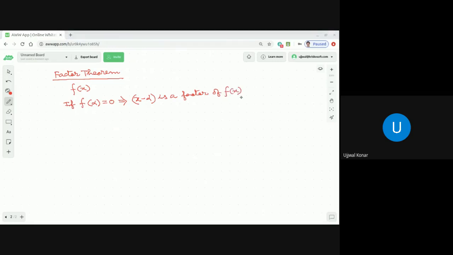I'll explain this by means of both theory and example.